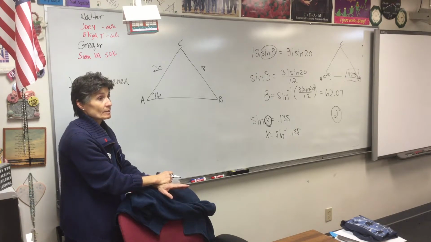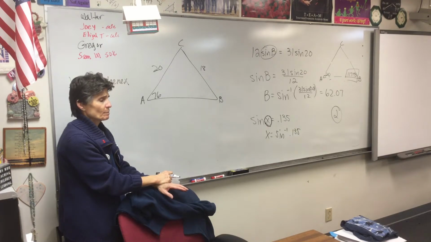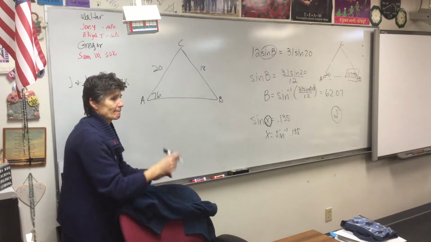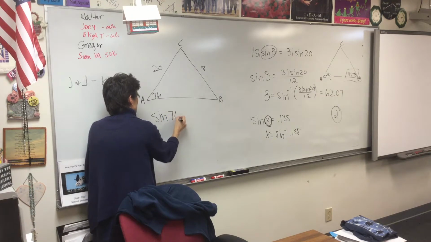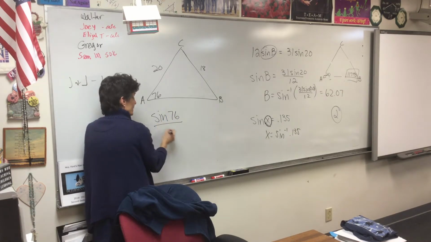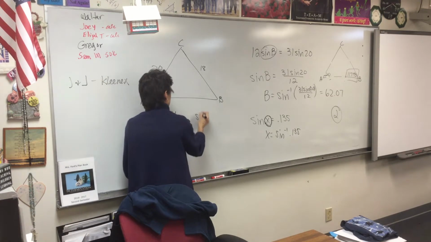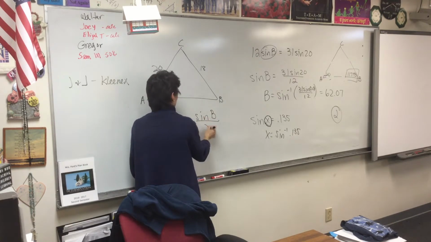Directions say how many triangles are possible. Okay? So let's set up our law of sines. What will that look like? Sine 76 over 18 equals sine B over 20.